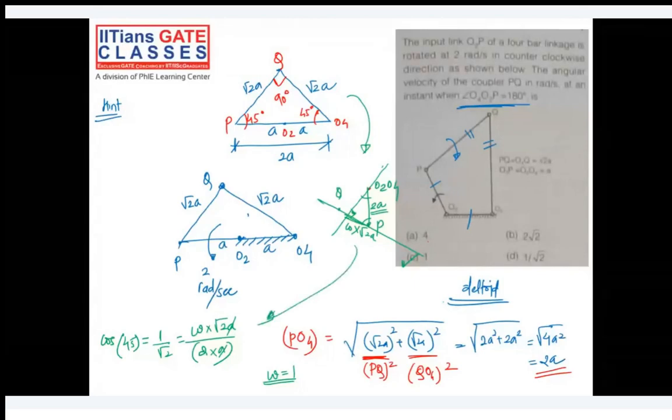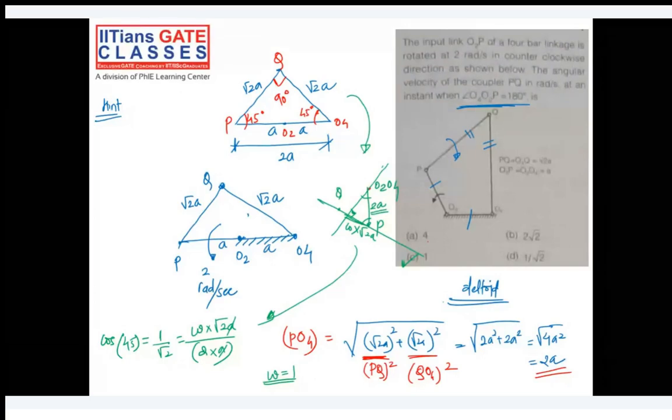Other things I have explained just to make sure you understand the question correctly. That's a deltoid, and it will become a right angle triangle at this particular position. That is when angle O4O2P is 180 degree, and other angles are 45 degree. And when you draw a velocity triangle, that triangle will be again the right angle triangle. Okay, so that is the overall idea.